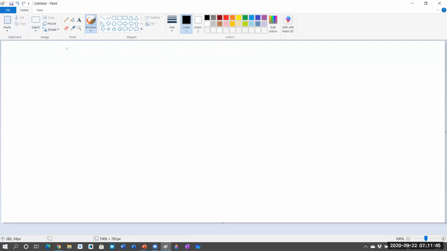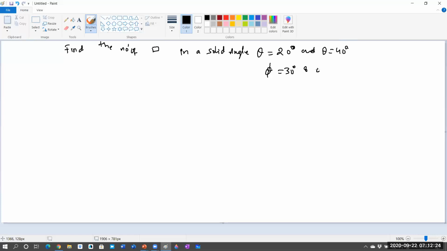Find the number of square degrees in a solid angle of a spherical surface that is between theta equal to 20 degrees and theta equal to 40 degrees, and between phi equal to 30 degrees and phi equal to 70 degrees.